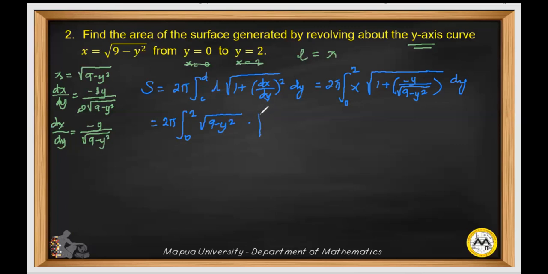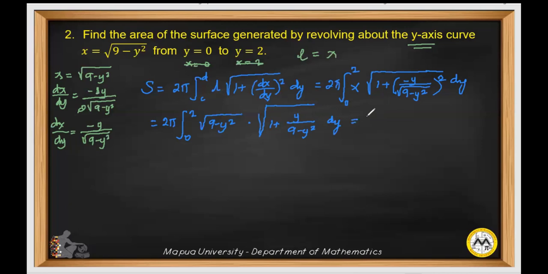So times the square root of 1 plus the square of negative y over the square root of 9 minus y squared, which is y squared over 9 minus y squared, times the differential of y. Sorry, this must be squared.